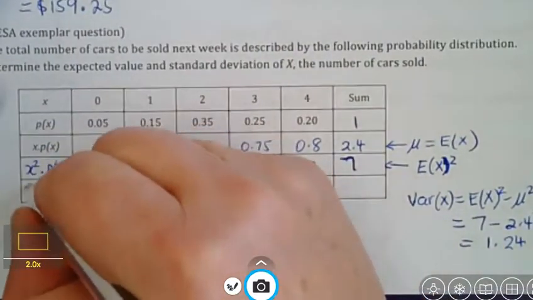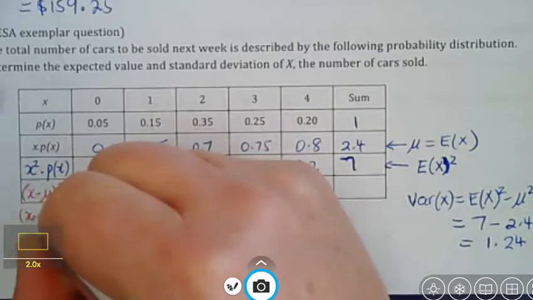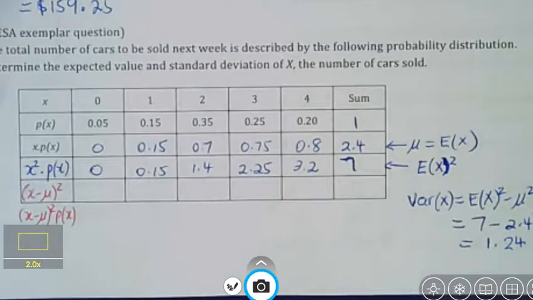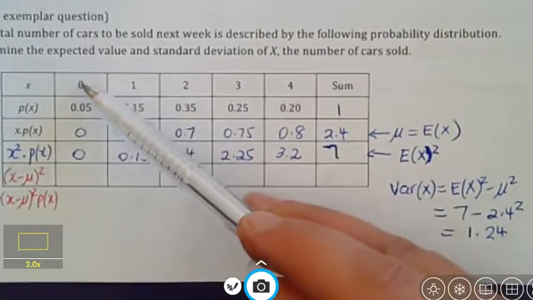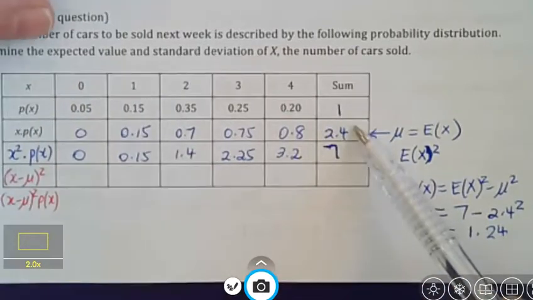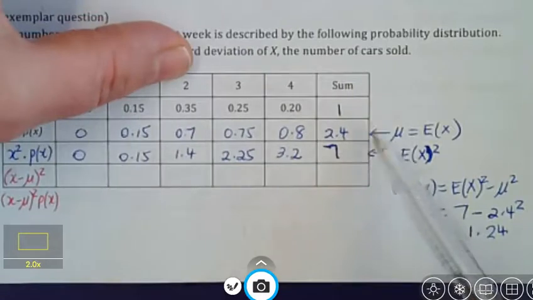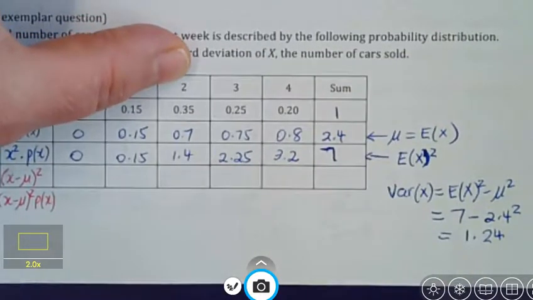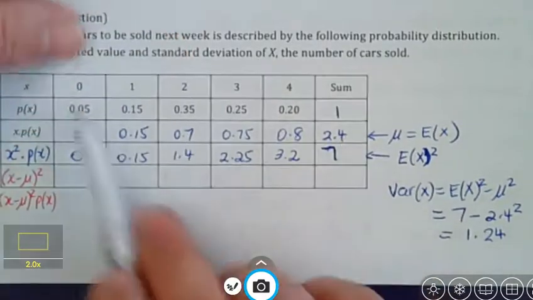I'm going to do x minus mu squared, and then I'm going to do x minus mu all squared times the probability of x. Okay, so x minus mu squared, what have we got? See how it's a bit messier? Because when mu's not a whole number, it does get a bit messier. It's much easier when mu is a whole number or an integer. But we'll just do it.